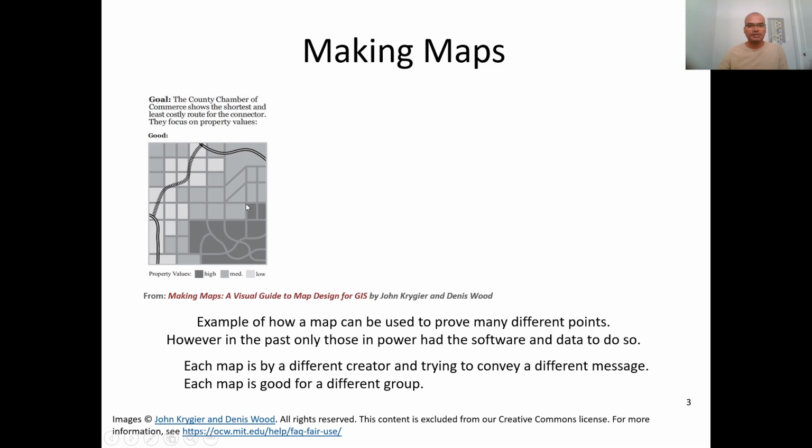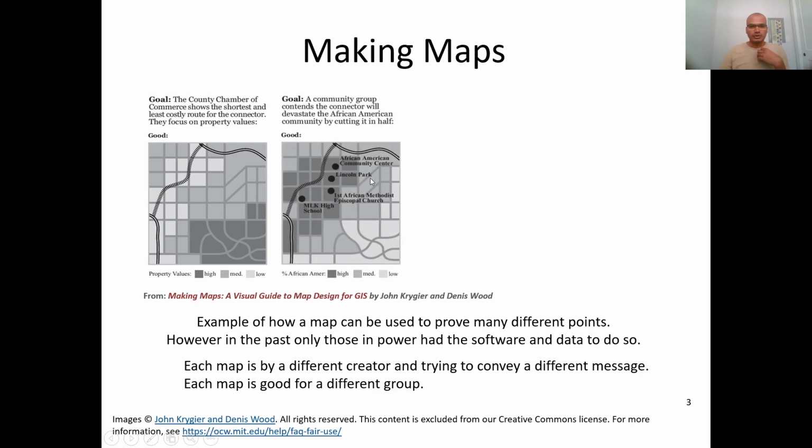If they make a connection through these areas they would have to pay much because of the cost of land, whereas the cost of land or property is low here, so they would like to construct a new connector using these low land or low property value areas.